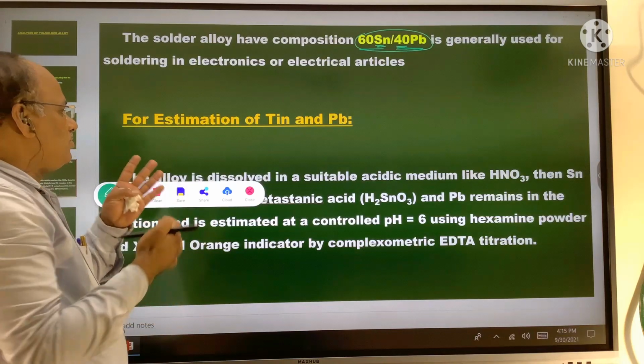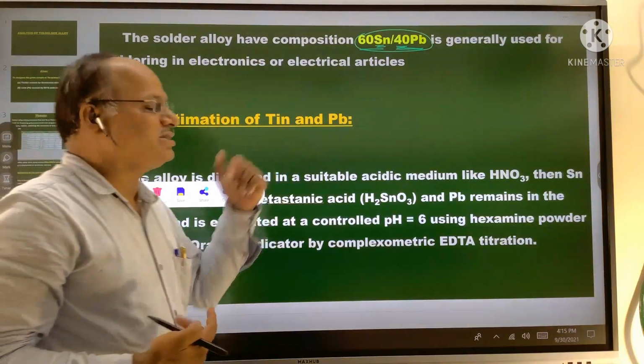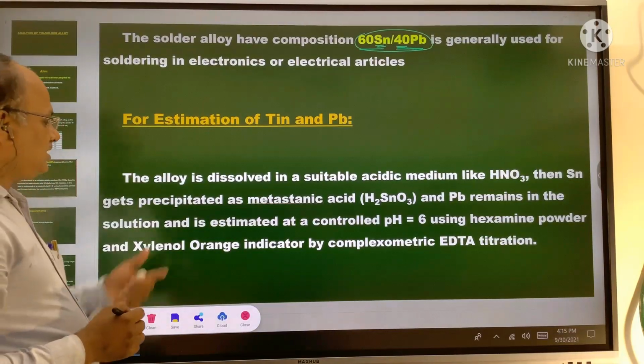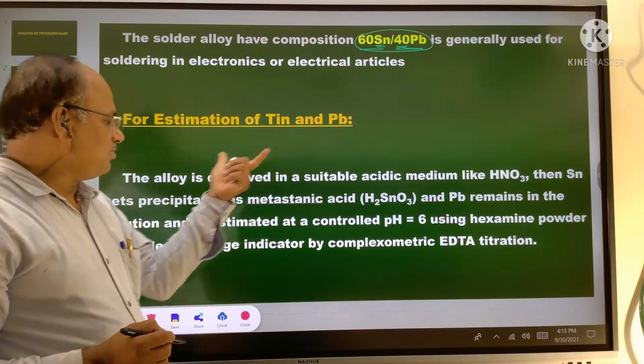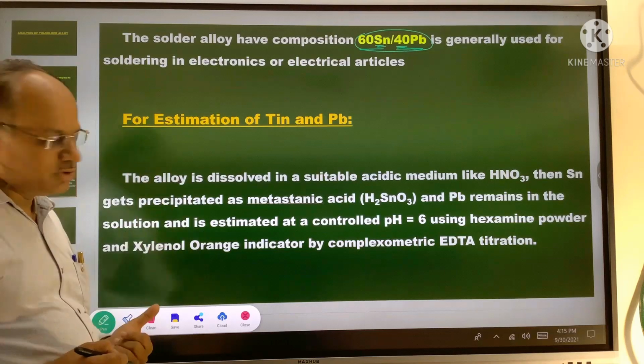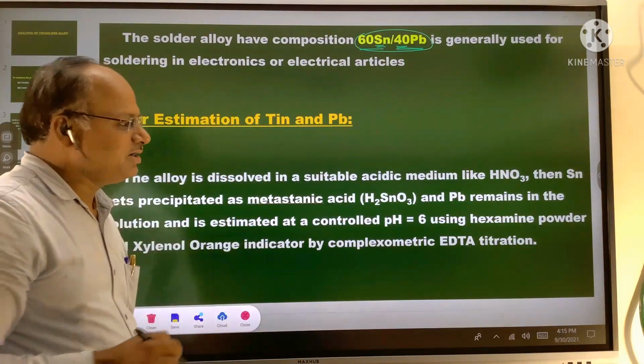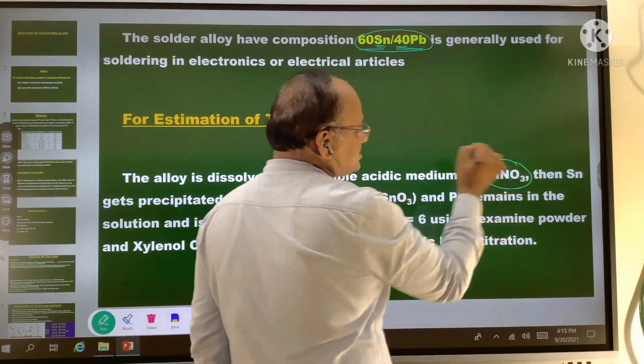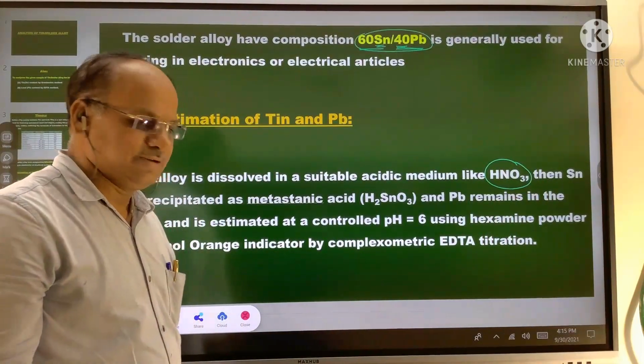Then how can you estimate tin and lead? Here you see that the tin and lead alloy, that is the solder alloy, is dissolved in a suitable acidic medium, generally concentrated HNO3.